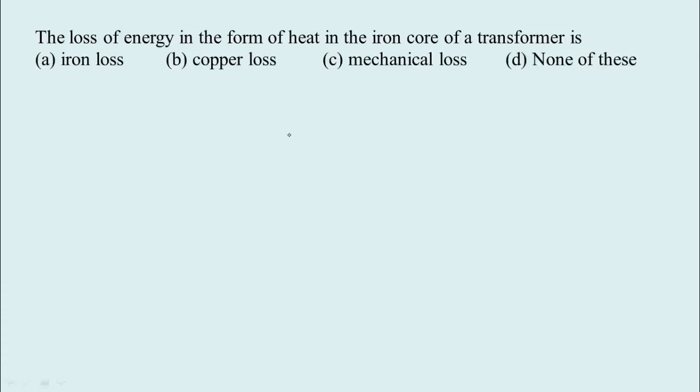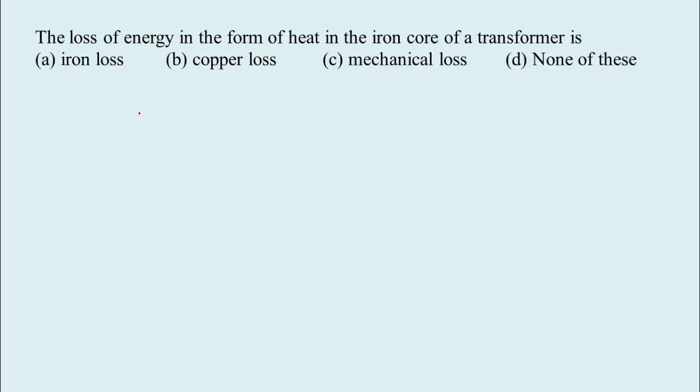That eddy current releases a large amount of heat energy. Iron loss is the energy loss in the form of heat due to the formation of eddy currents in the iron core. Whatever energy loss takes place in the iron core is all because of eddy current, because eddy current releases a large amount of heat energy.